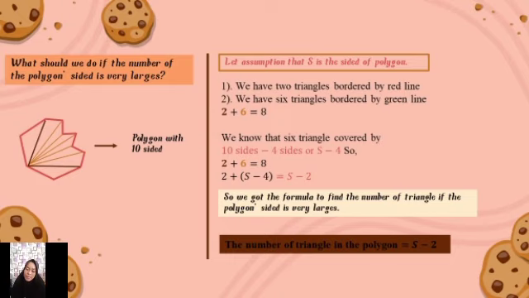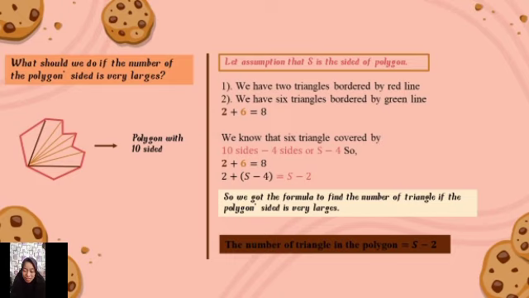We can see in this picture a polygon with 10 sides. Let's assume that s is the number of sides of the polygon. First, we have 2 triangles bordered by red lines, and second, we have 6 triangles bordered by green lines.